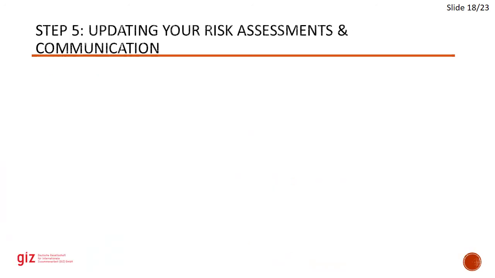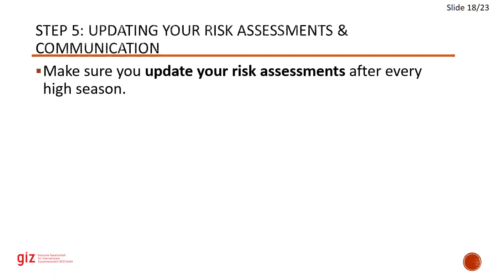Now the final step. Step 5, updating your risk assessment and communication. You should try to make sure you update your risk assessment after every high season. This is important because you might have new tours with new risks, or discover new risks in old tours.